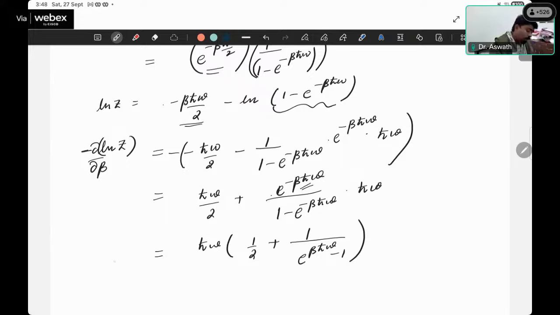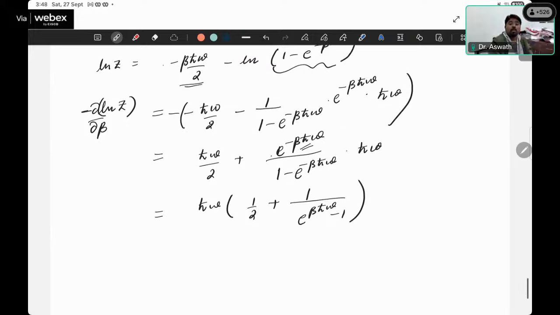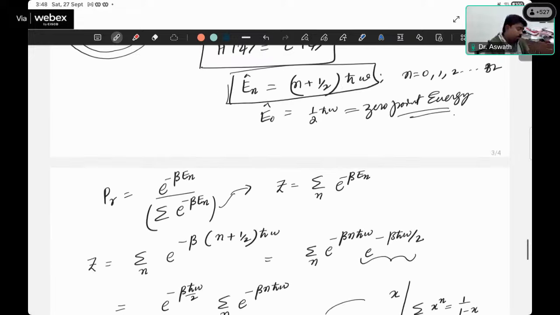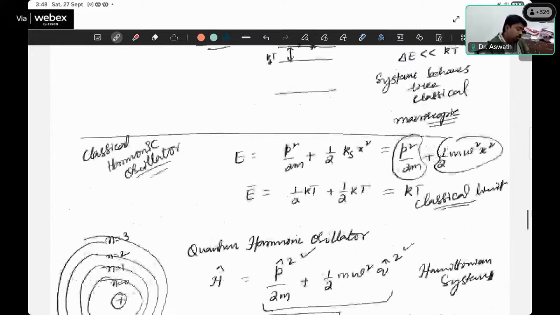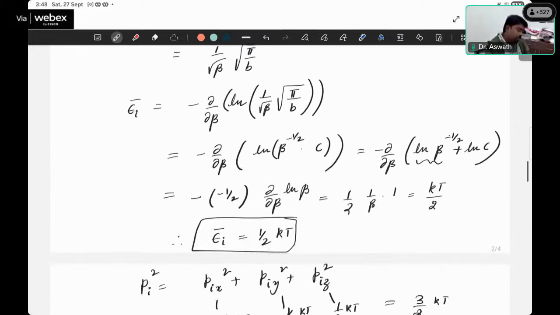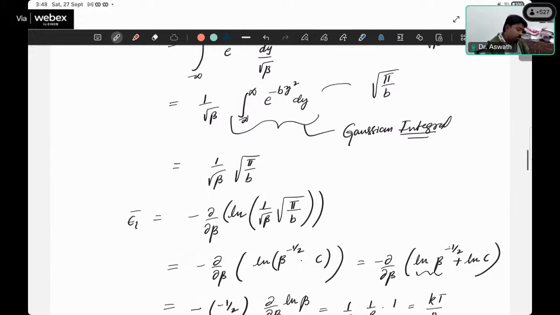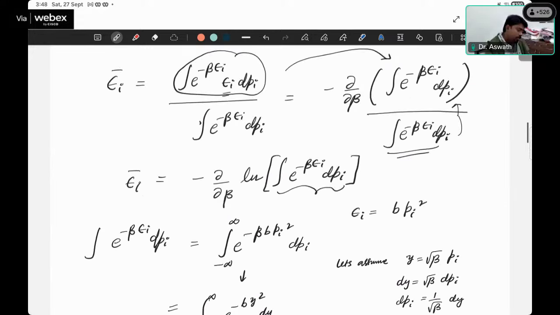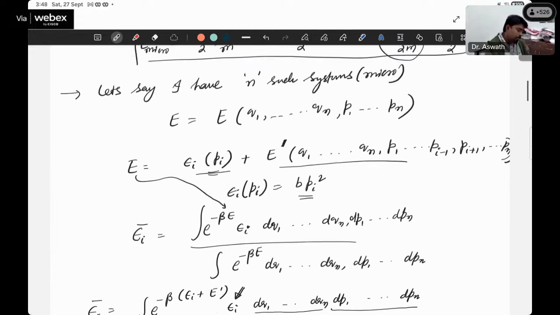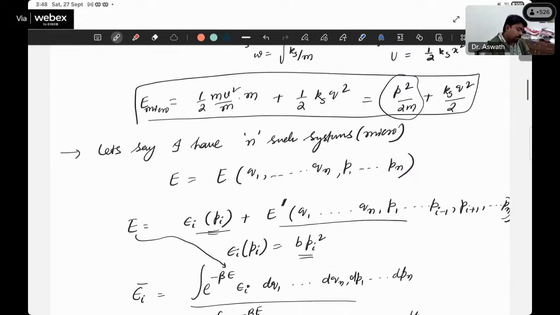Now I can talk about various scenarios. This is the derivative d by d beta of ln Z. By the way, the average energy I have derived somewhere.